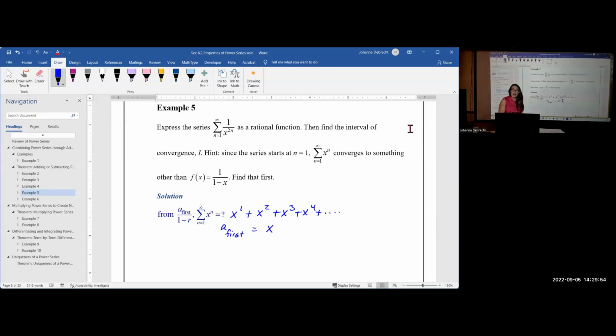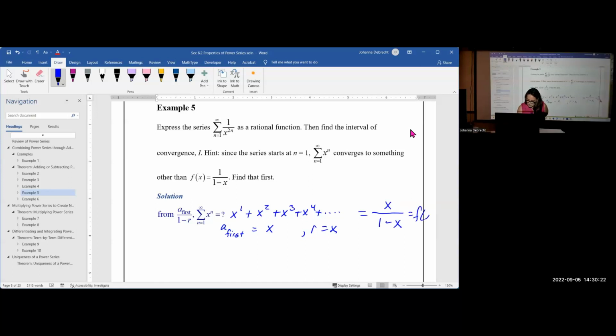It does still have a common ratio. To get from one term to the next, we still multiply by x. So r is still equal to x. So we can use the formula for a convergent geometric series, a first over 1 minus r, to say that this must converge to x over 1 minus x.